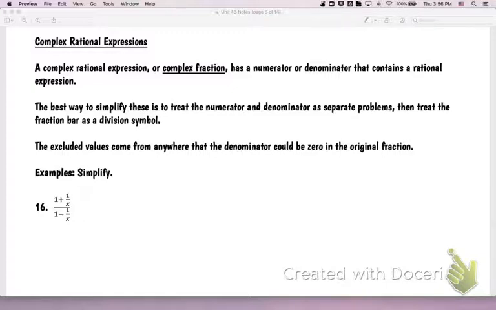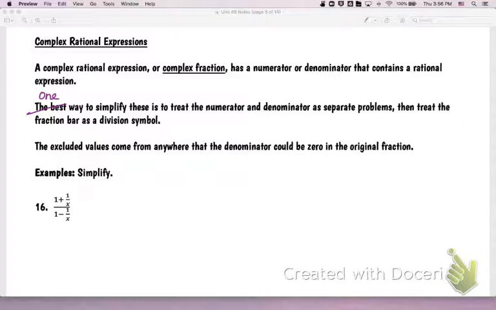So the best way to simplify these, and I wouldn't even say the best way because I'm going to show you two methods to do this. One way to simplify these is to treat the numerator and the denominator as separate problems. That fraction bar, remember, represents a division symbol, so it's just a division problem.